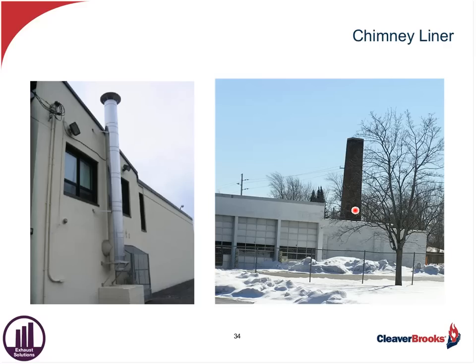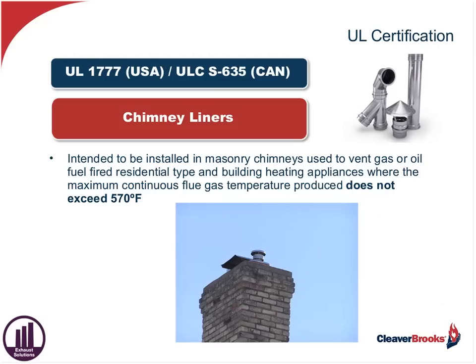We're going to run a liner in there, so we keep the products of combustion from condensing and degrading the masonry, and still vent properly as though we were taking those products of combustion into a brand new stack. So when everything is said and done, you've got that liner coming through the chimney and up and out to the atmosphere, as you see here.